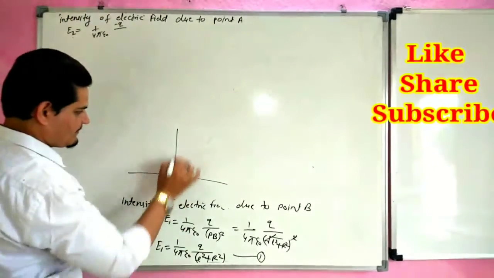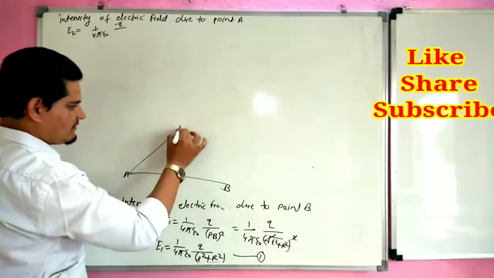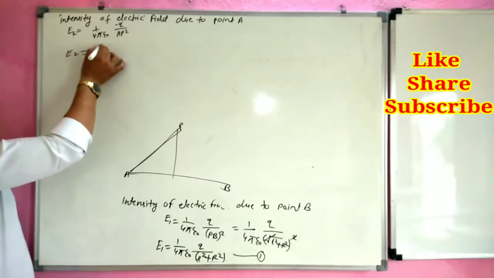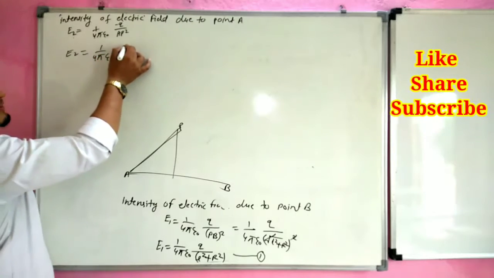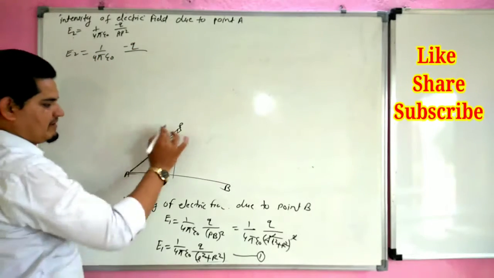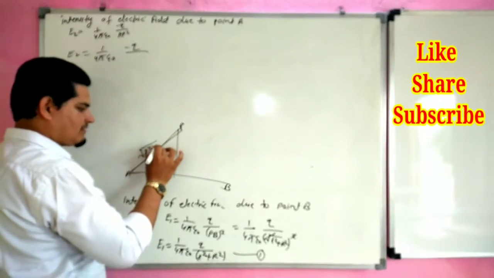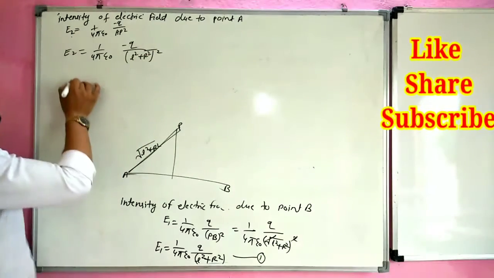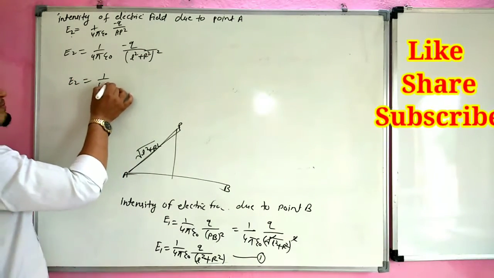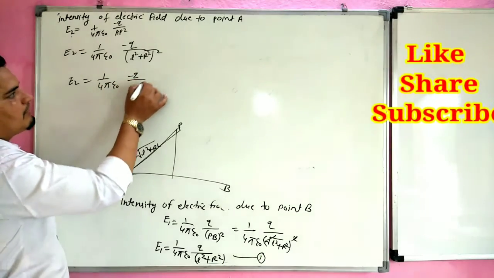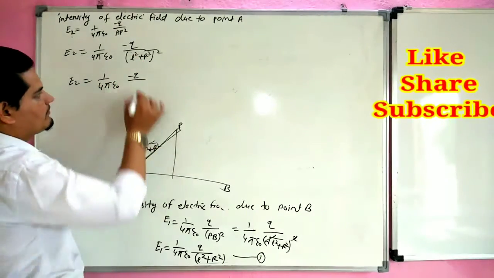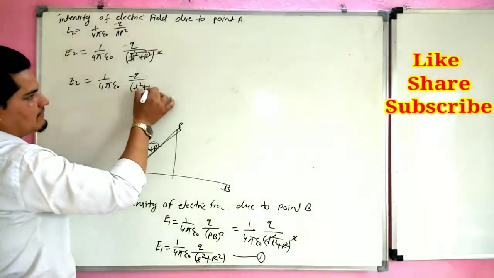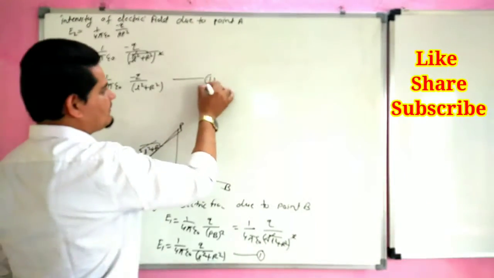This is the diagram, this is A, this is B, this is P. The distance of AP is the same, under root L square plus r square, whole square. The root is cancelled by the square, so E2 equals 1 upon 4 pi epsilon naught minus q upon L square plus r square. This is our equation number 2.